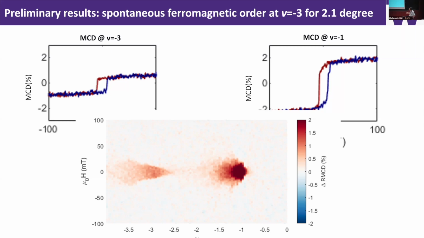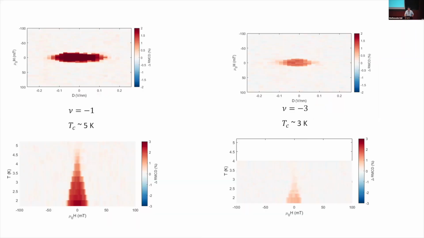The second is that there's also a large phase space of ferromagnetism near filling factor -3, which is the second band. We can perform temperature-dependent measurements. On the left-hand side, at the top, is the electric field dependence of this hysteretic component.